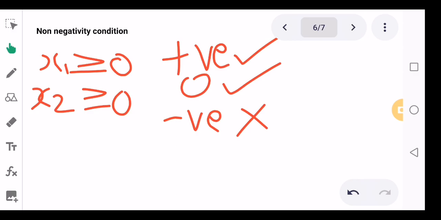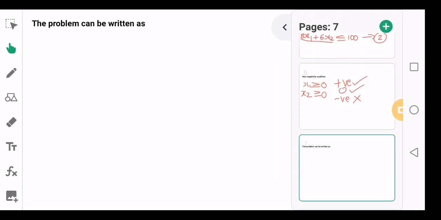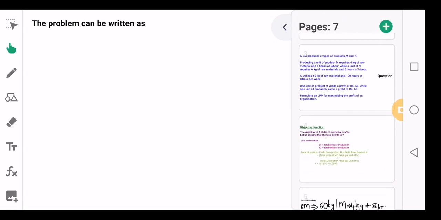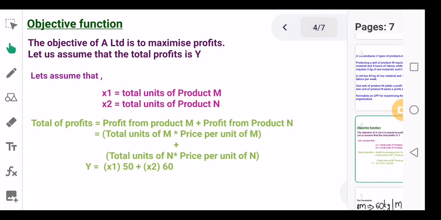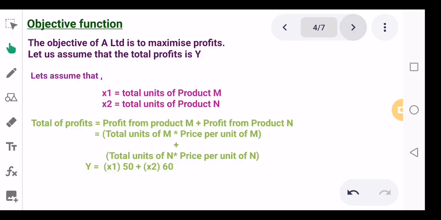Now then, this is the problem. Now the problem can be written as, first what we found. First, the objective function was this. Let's go to the question and understand. They have told us to formulate an LPP for maximizing the profit, basically we need to formulate these equations that we formed.